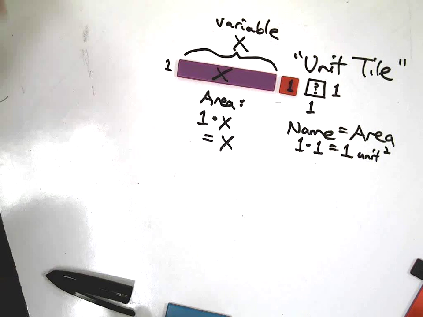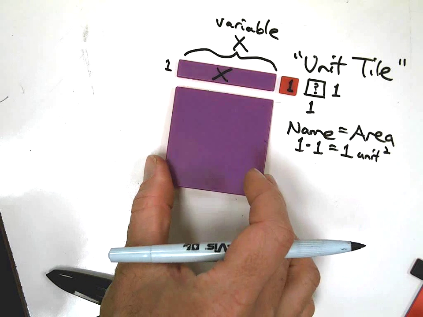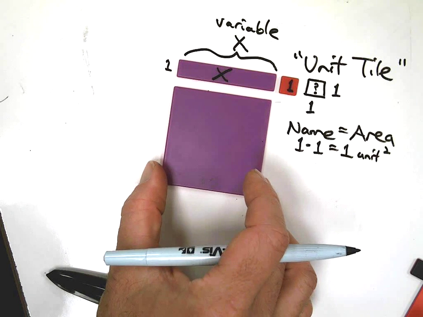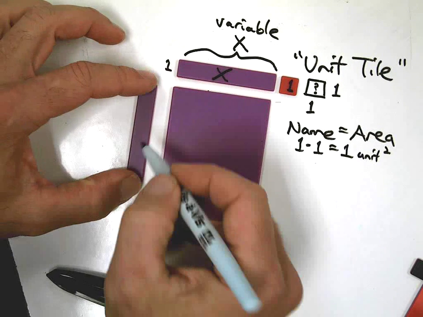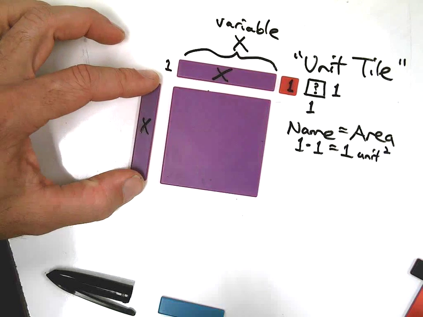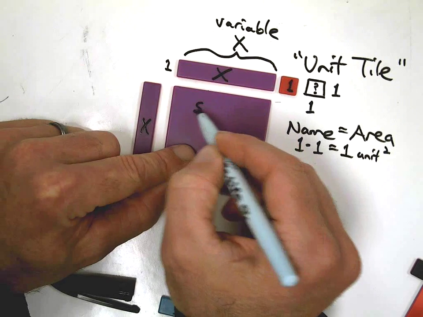Now, let's continue here. If I take the big square, notice the big square has one side that's x, and it has another side that's x. After all, it's a square, right?